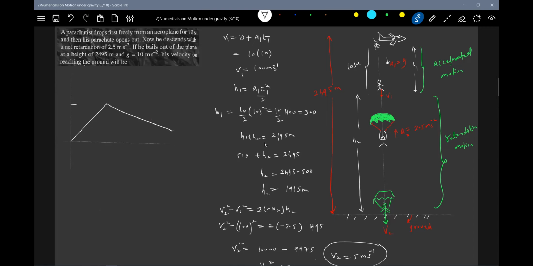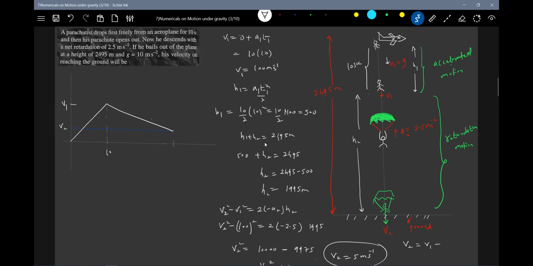There's a maximum speed V1 and a final speed V2. This is the time, 10 seconds. After what time will you strike the ground, can we calculate? Yes, we can calculate that also.